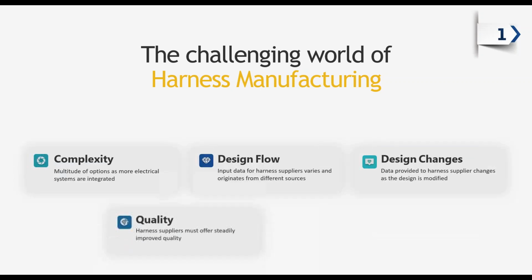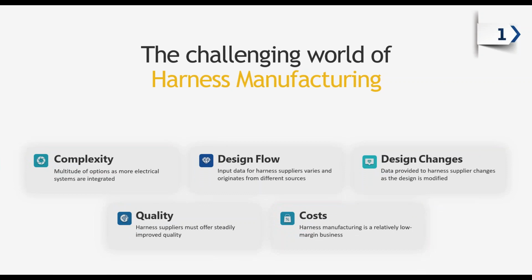Just about every aspect of our everyday lives depends upon or can interface with electronics that connect to one another through electrical systems. Anything from LED lighting to infotainment centers require more connectivity, which increases the complexity of the wire harness. The richness and quality of data that harness suppliers receive varies from customer to customer and project to project.